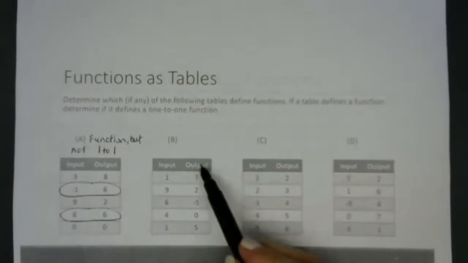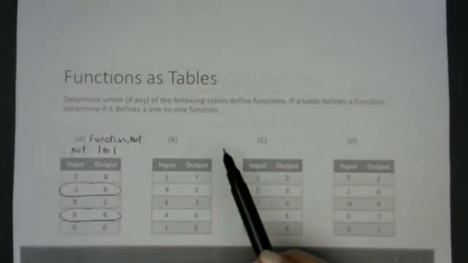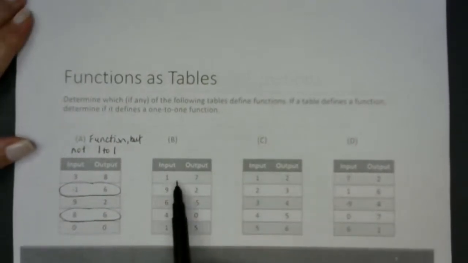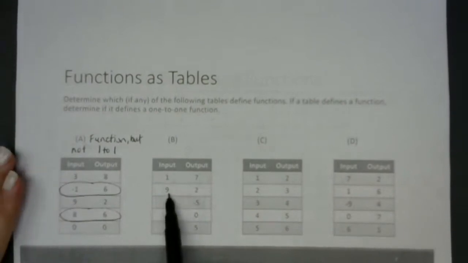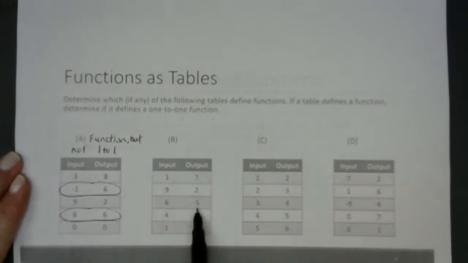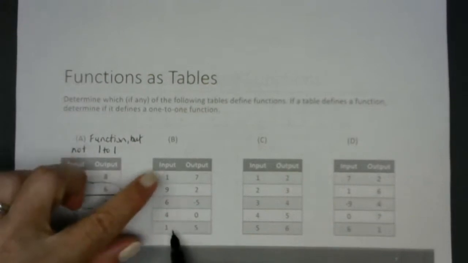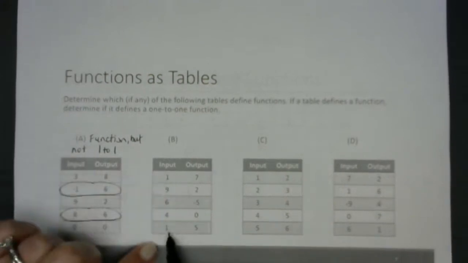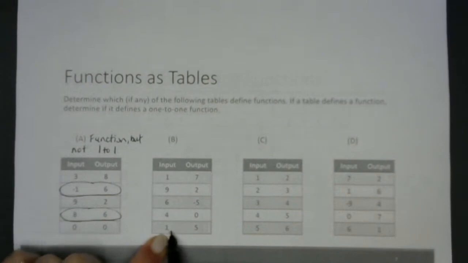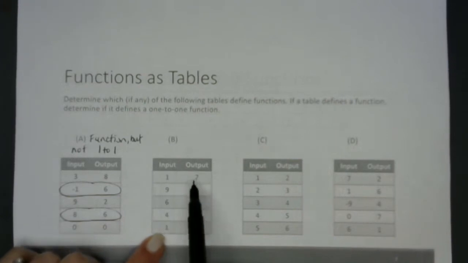All right, look at table B here. When I have an input of 1, the output is 7. 9 produces 2. 6 corresponds to -5. 4 to 0. Look at this 1. When I put input 1 in the last row of the table, my output is 5. That's a problem because when I input 1 in the first row, the output is 7.